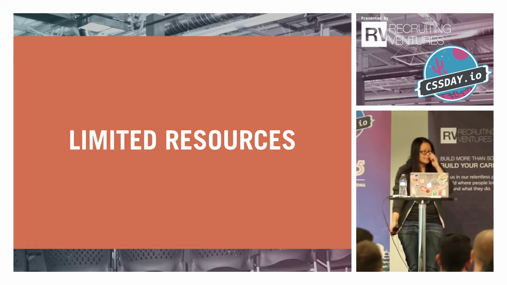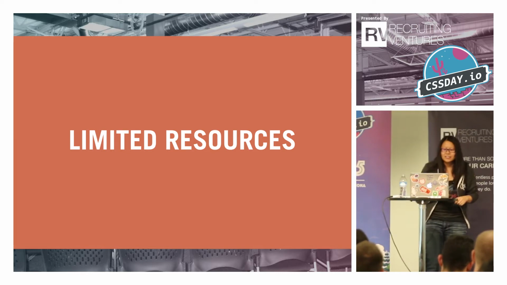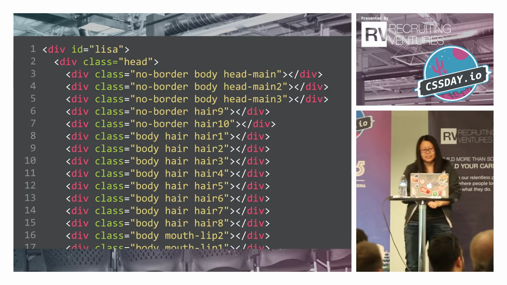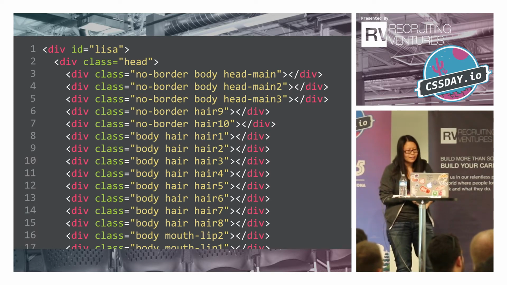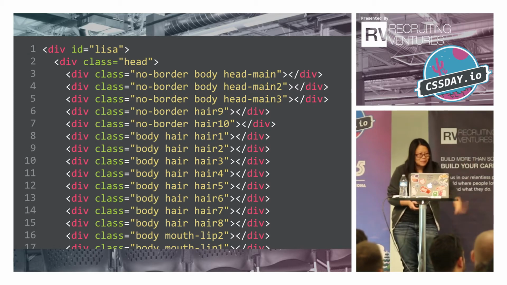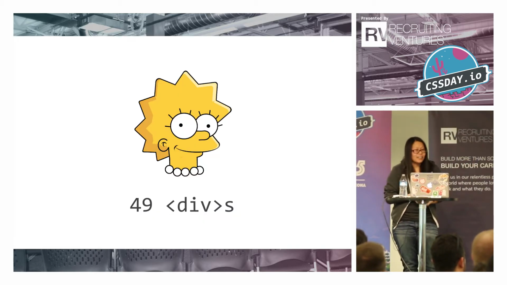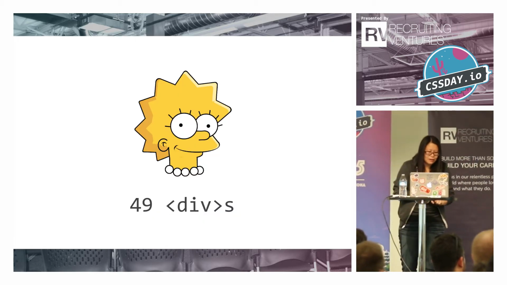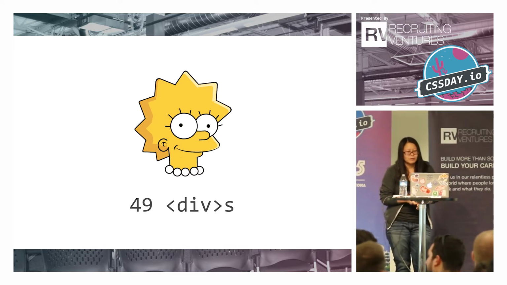So I was looking at these CSS drawings that people were doing, and this is what the markup looked like. So this is the Lisa Simpson drawing. And the markup drops below the bottom of this slide, but I assure you it keeps going, for 49 divs. So yeah, maybe that's an extreme example. Let's look at a different one.